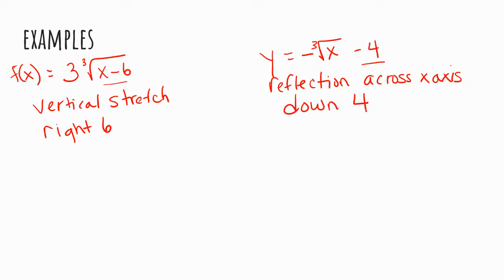So please pay special attention to what those look like so that they don't confuse you too much, or you can see the difference. Okay, last set of examples here. So if I have f of x equals 1/3 times the cube root of x plus 5 minus 8. Alrighty, so I just like to look from left to right.